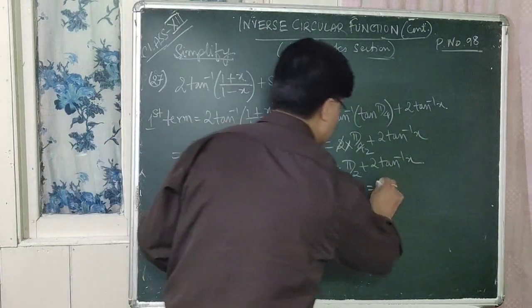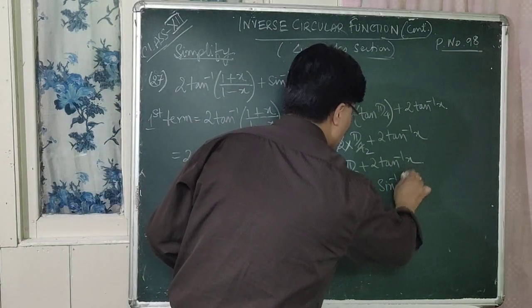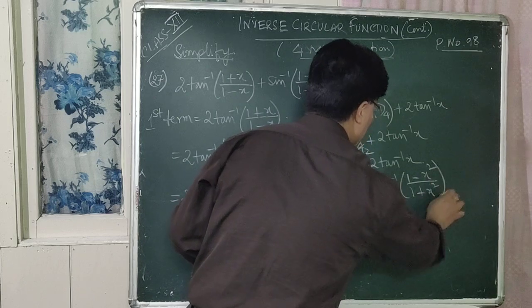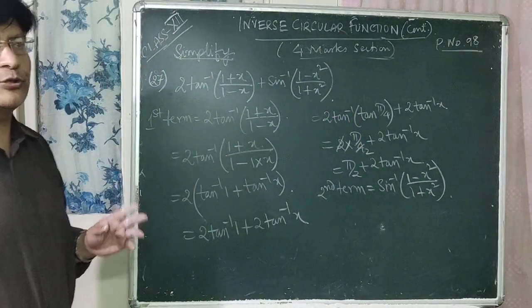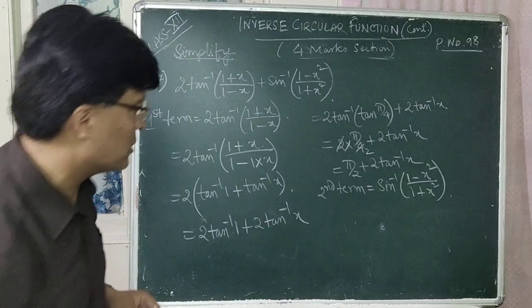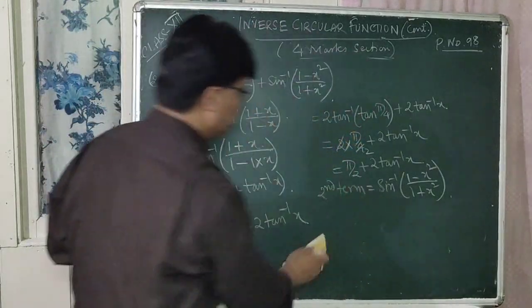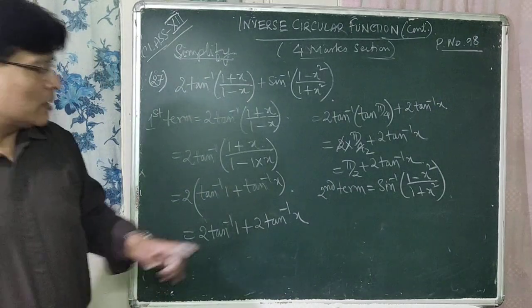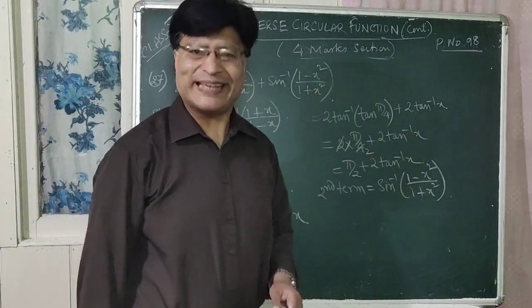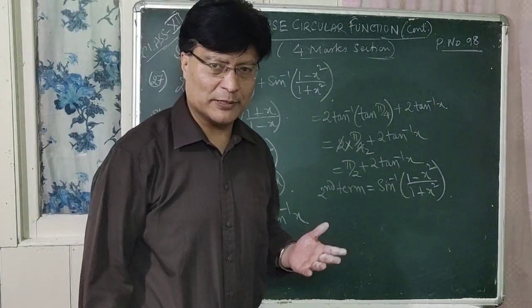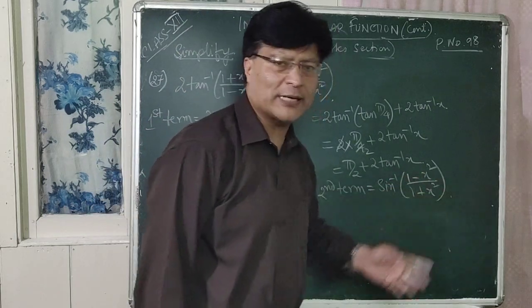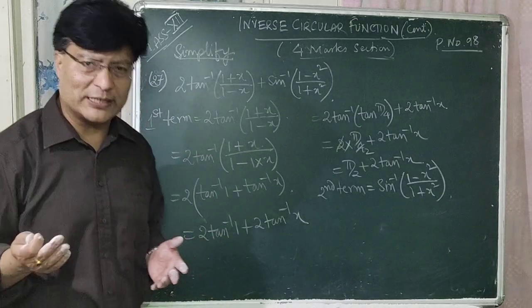It is sine inverse (1 minus x square) upon (1 plus x square). But here also you should do the trigonometric substitution, right? So let's do the trigonometric substitution. If we put x is equal to tan theta, so what happens? If we put x equal to tan theta, (1 minus tan square theta) upon (1 plus tan square theta), that is the formula for cos 2 theta.